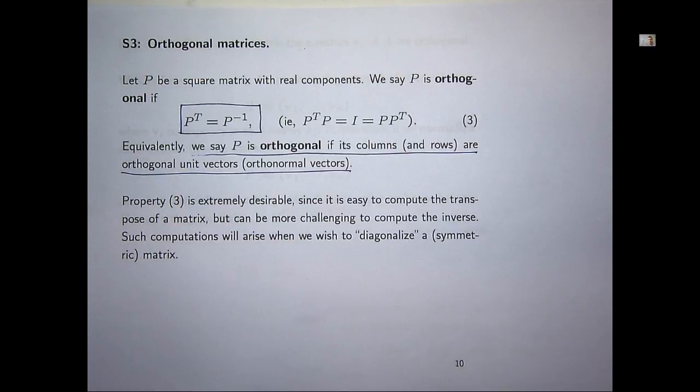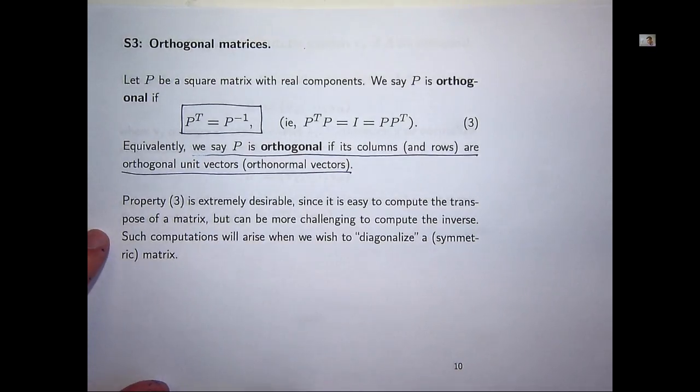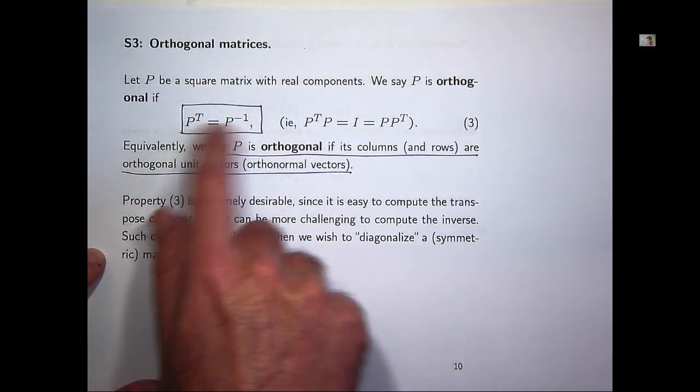And are they all perpendicular to each other? If that's true, then we say the matrix is orthogonal. In many cases, what we're going to want to do is diagonalize some sort of matrix, a symmetric matrix in many cases, and this is going to be just great to work with.